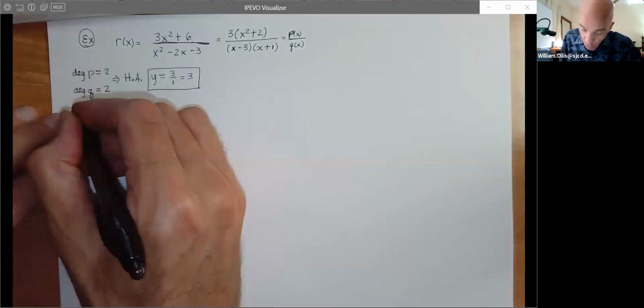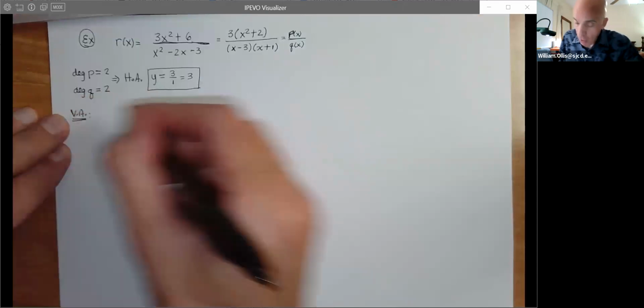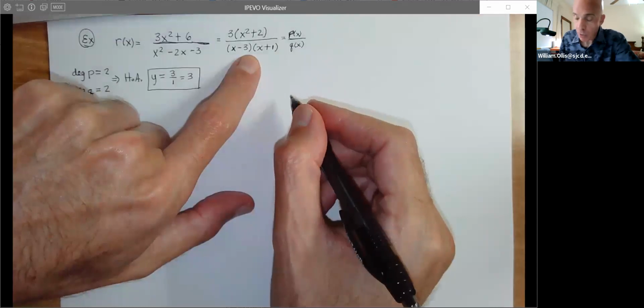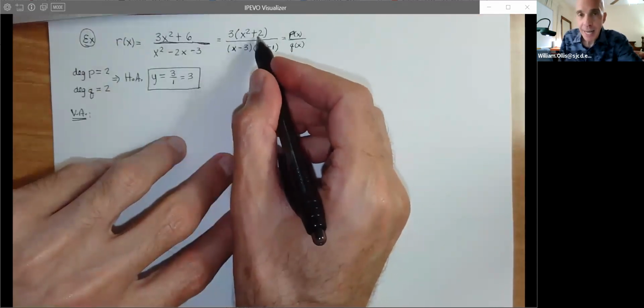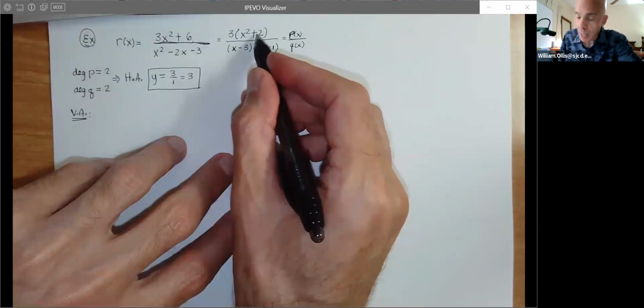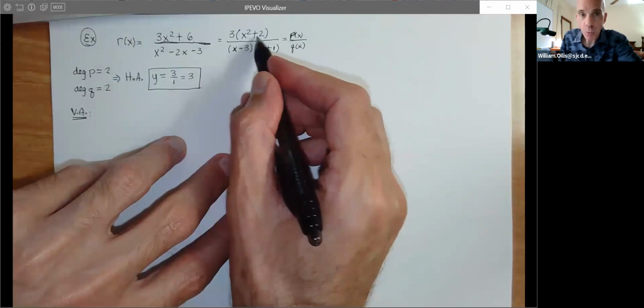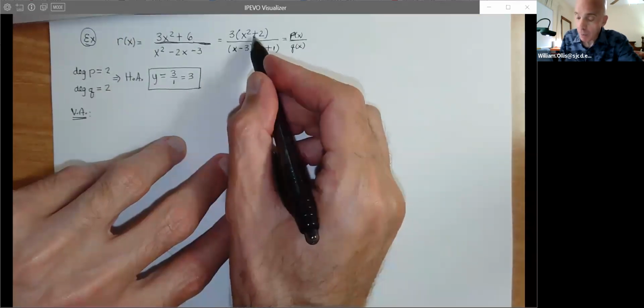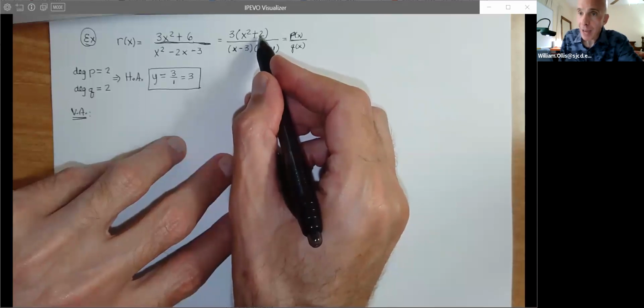Now, for the vertical asymptotes, just like we did before, we look for zeros in the denominator. But let's first notice that the numerator is never 0. It has imaginary zeros. We would say plus or minus square root 2 times i. We've done this when we did the complete factorization with the fundamental theorem of algebra.